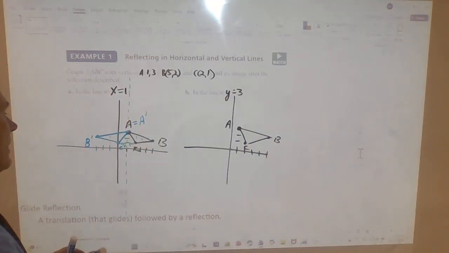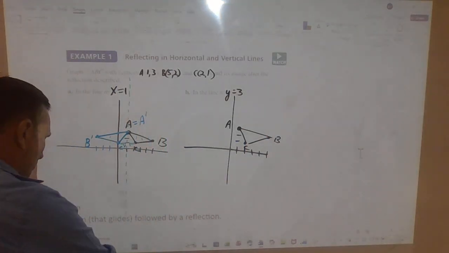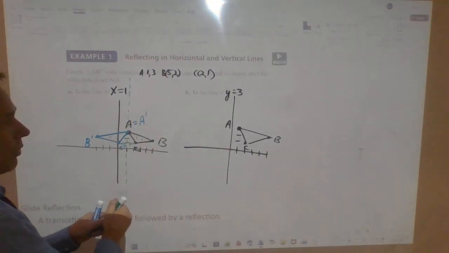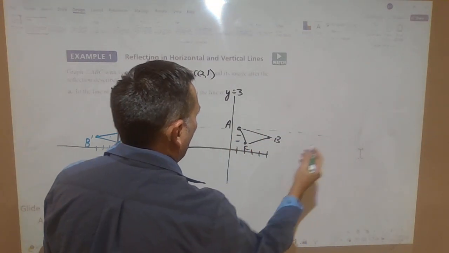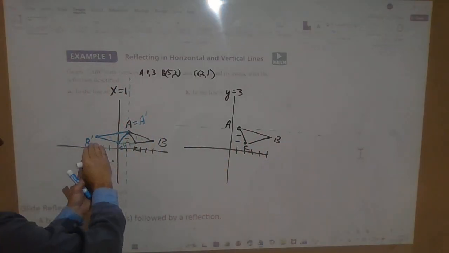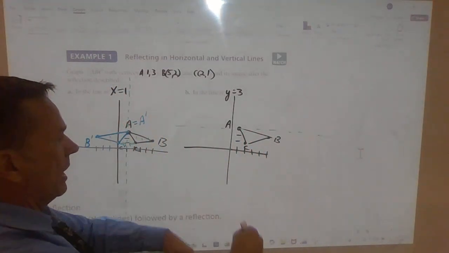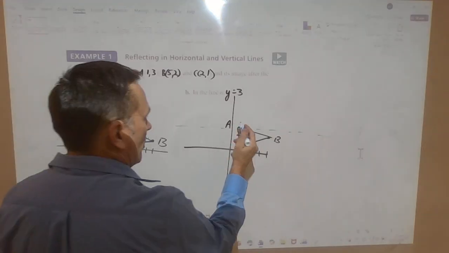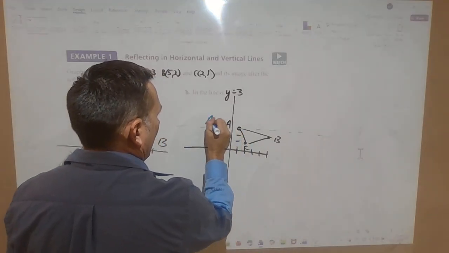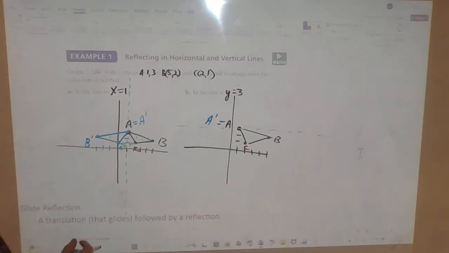So now we're reflecting this across where y equals 3. y is a horizontal line. And instead of flipping to the left, we're going to be flipping up above this. So again, A is right here. It's not moving, it's directly on that line. So A does equal A prime.